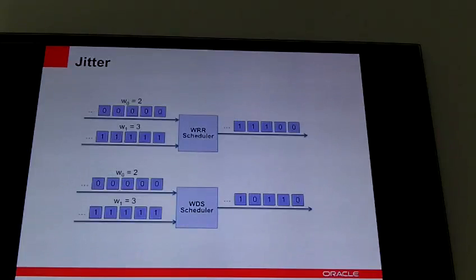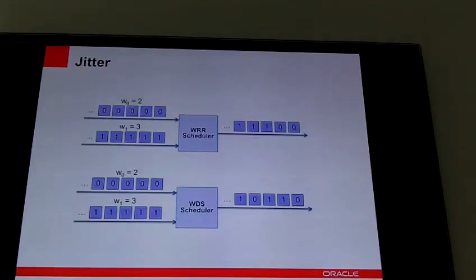So if we take a simple scheduler such as the weighted round-robin scheme, it would start with one flow, let's say with flow 0, output 2 flits, and then go to the next flow, flow 1, and output 3 flits from that flow. Now the result is bursty traffic.